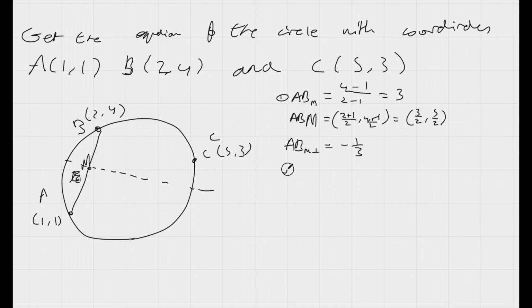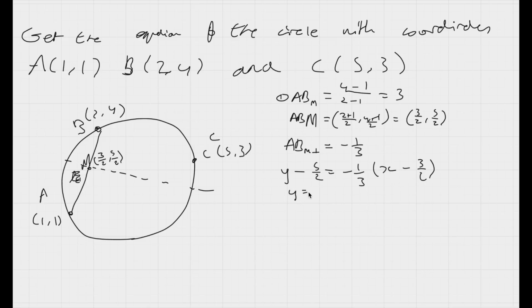So let's do this. Y minus 5 over 2, which I got from here because that line goes through there, is equal to minus 1 over 3 times x minus 3 over 2. And let's solve.